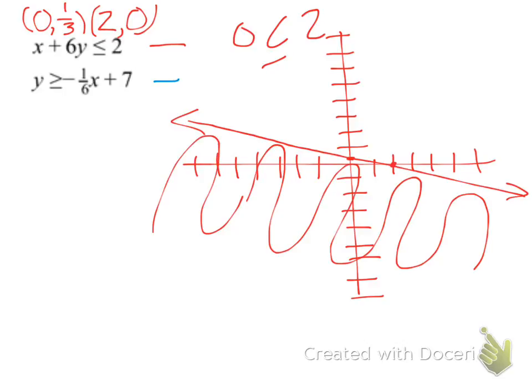Okay. The other one, we'll switch to blue. Start our y-intercept at 7, which is there. And our slope is what?